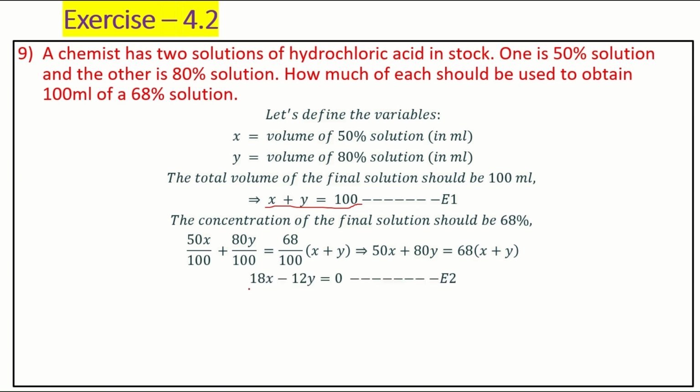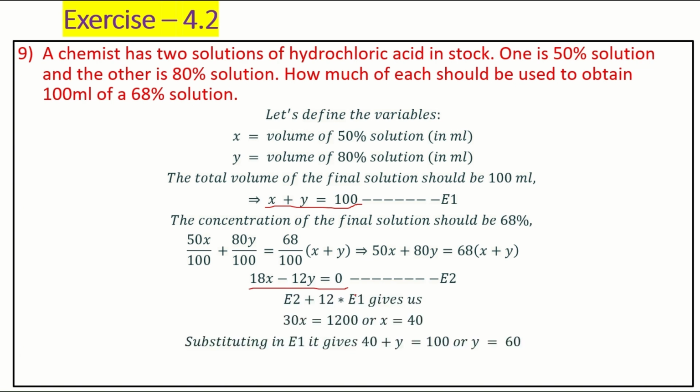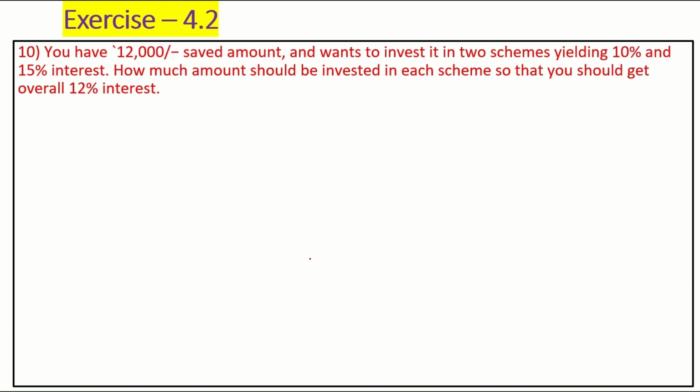Simplified, what you will get is 18x minus 12y equal to 0. This is your equation 2. Do the elimination method, you will get x equal to 40 and y equal to 60. So 40 ml of 50% solution and 60 ml of 80% solution is the required amount to make 100 ml of 68% solution.